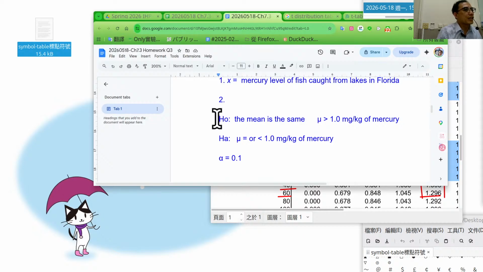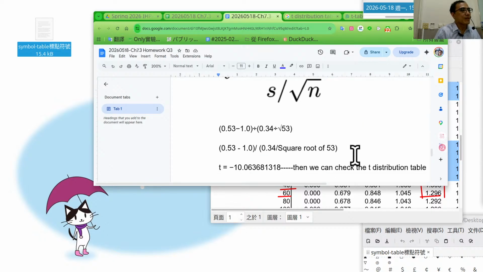We reject the null hypothesis and we accept the alternative hypothesis. We can say the average mercury level in Florida's lakes is smaller or equal to 1.0 in our calculation.